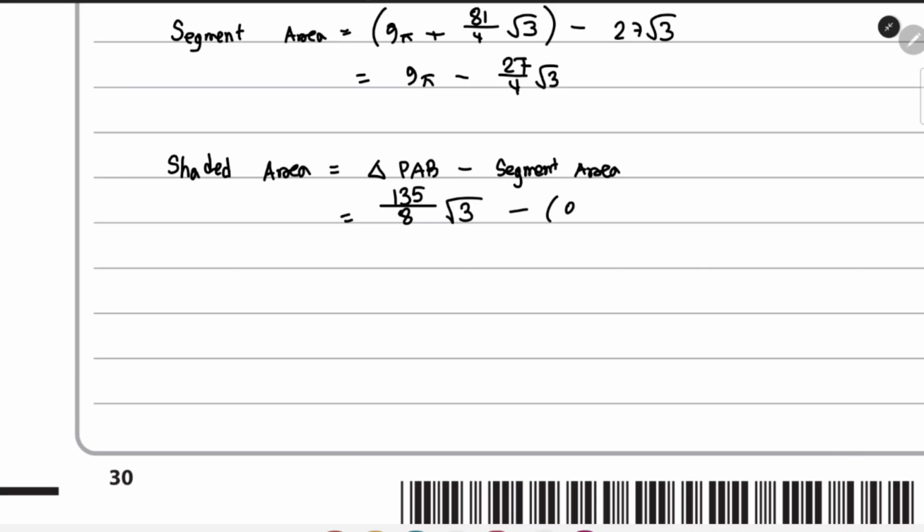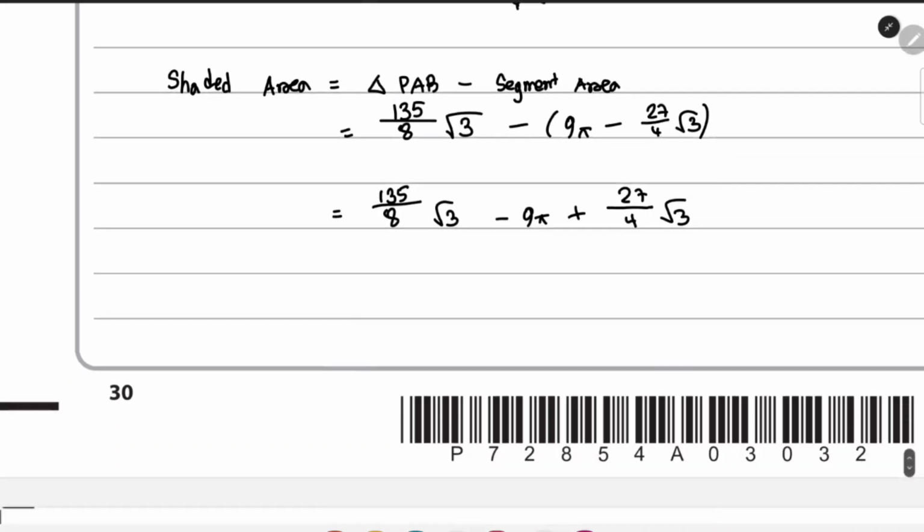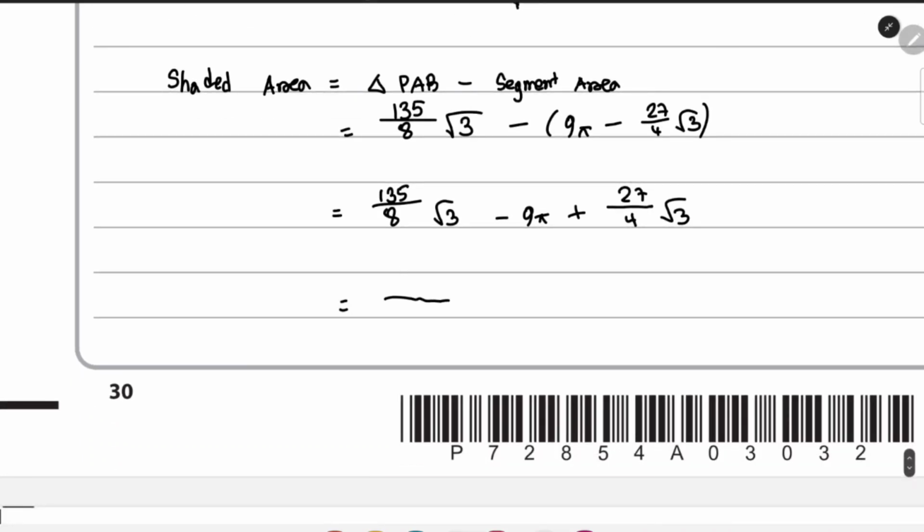And the segment area is 9 pi minus 27 by 4 root 3. So this becomes 135 by 8 root 3 minus 9 pi plus 27 by 4 root 3. So this becomes 189 by 8 root 3 minus 9 pi, and that's the answer.